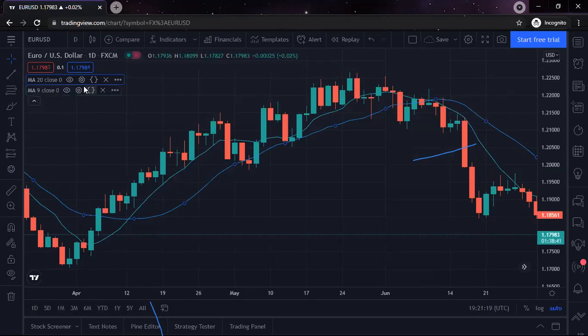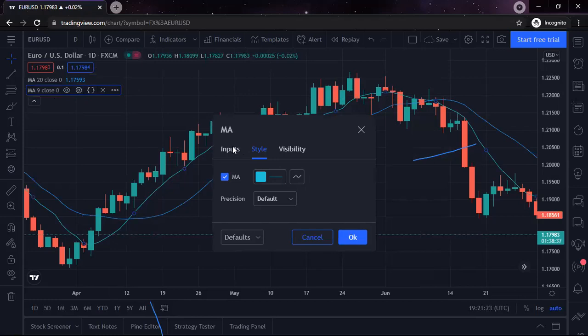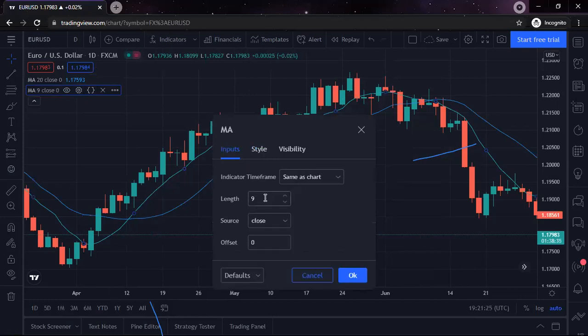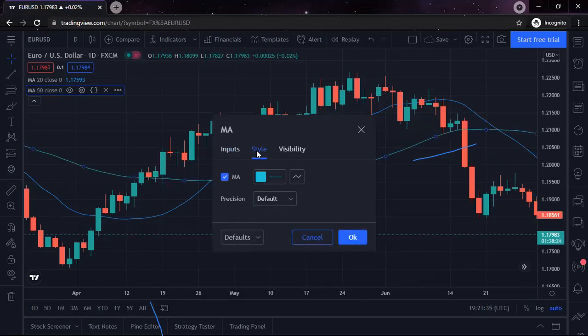So over here, we go inside the settings. We go to input. We change the length from 9 to 50. Then we go to style. What color do you think we should use for this 50 period moving average?